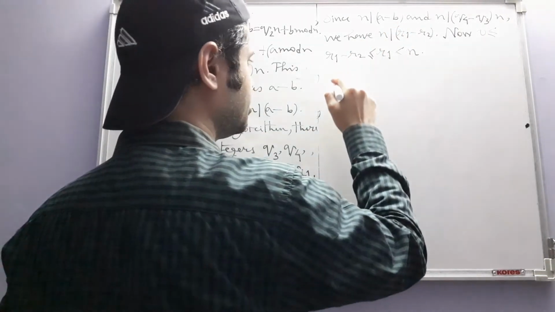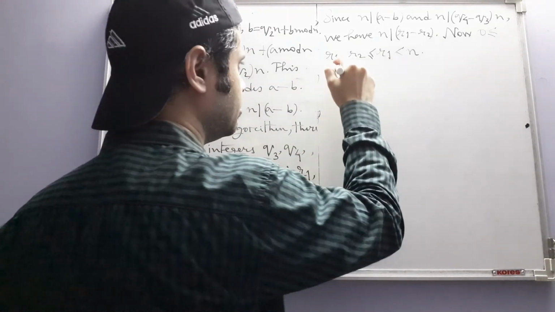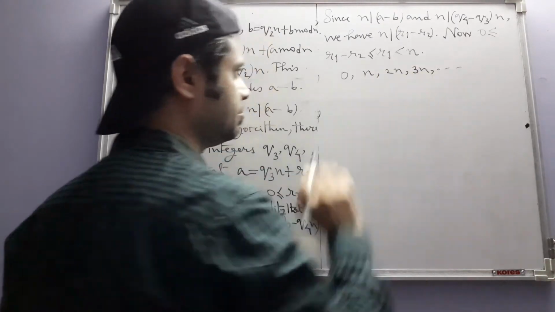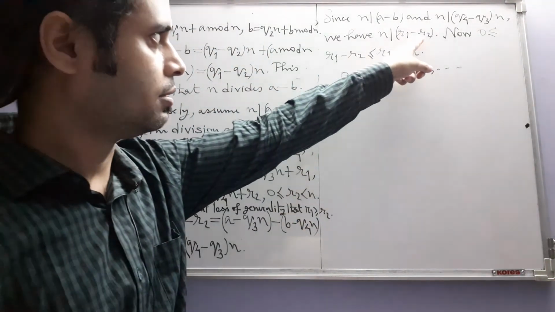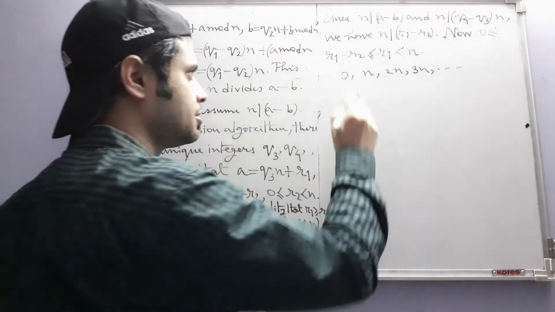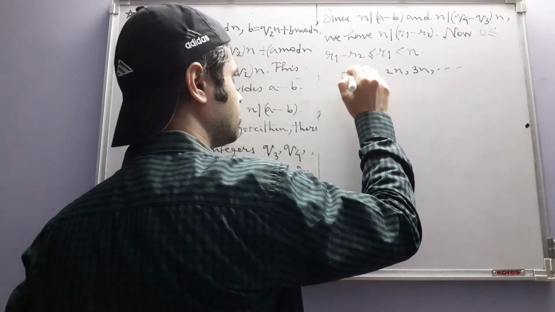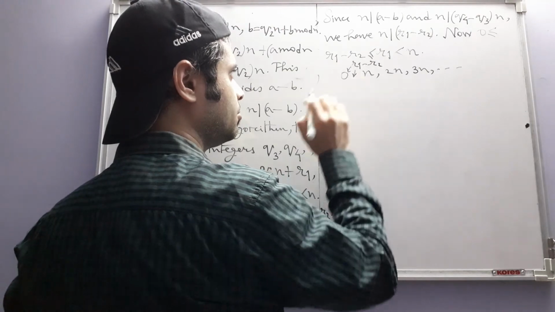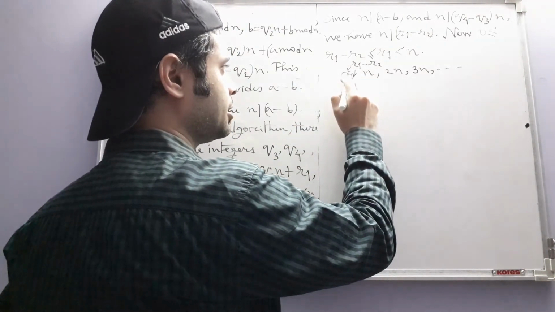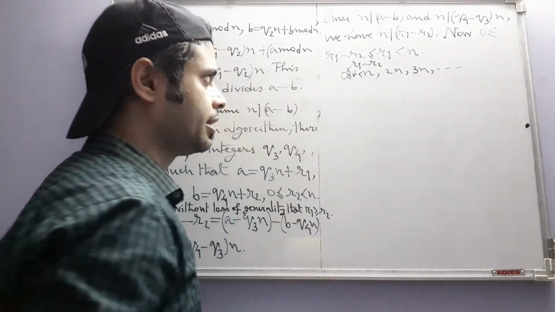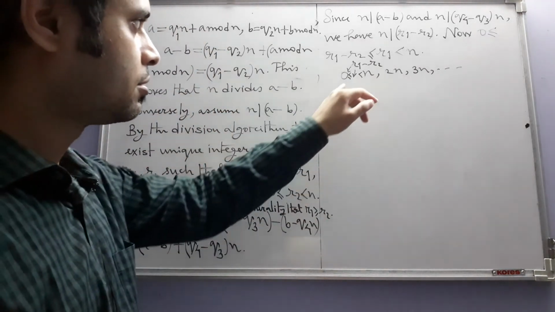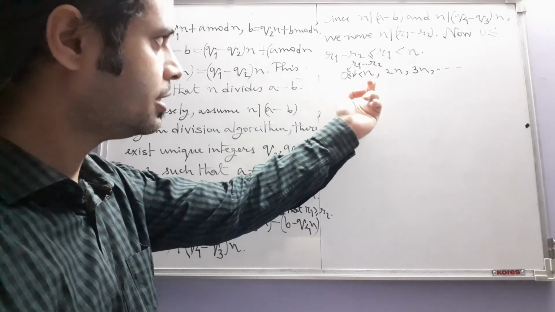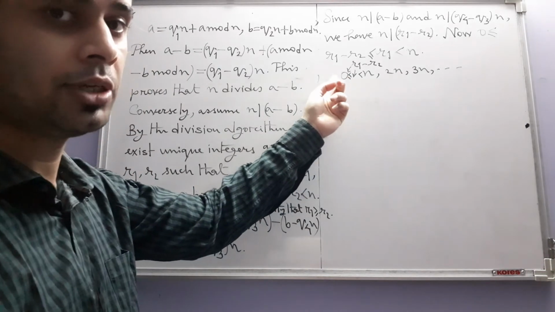Now what are the non-negative multiples of n? 0, n, 2n, 3n, etc. And this integer r1 minus r2 is residing here, where it may be equal to 0, but it is greater than or equal to 0 and strictly less than n. It can never be equal to n. So the only possibility of having a multiple of n in this region is this one. It has to be equal to 0.